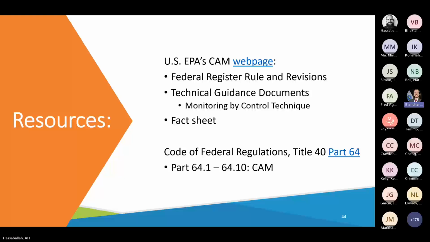Specifically, we have a monitoring by control technique list, with a listing of control devices used, fabric filter, I think flares are on there as well as others, and how in the real world we can apply the CAM rule there. We can design the monitoring criteria and all that. We also have a general fact sheet regarding the CAM rule and its implementation as well. As always, the Code of Federal Regulations, Title 40, Part 64 is where the CAM rule is codified.